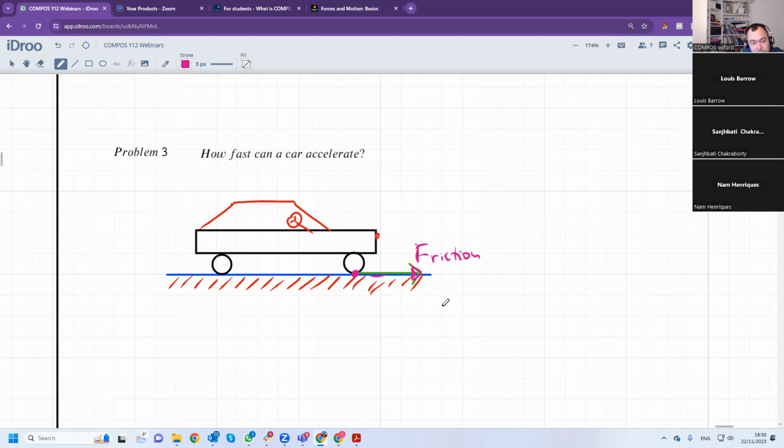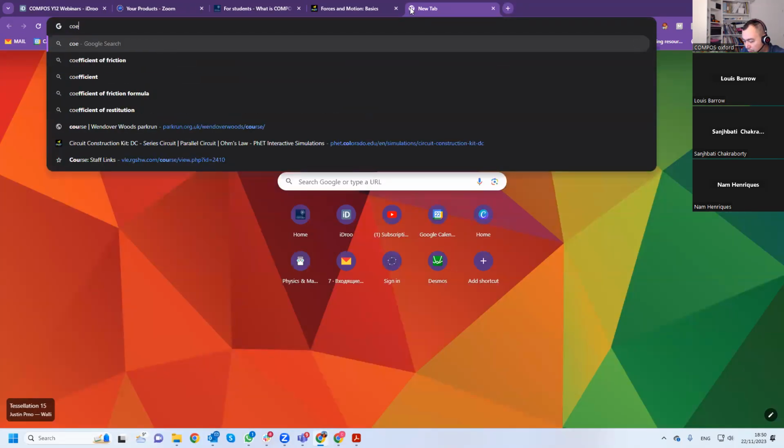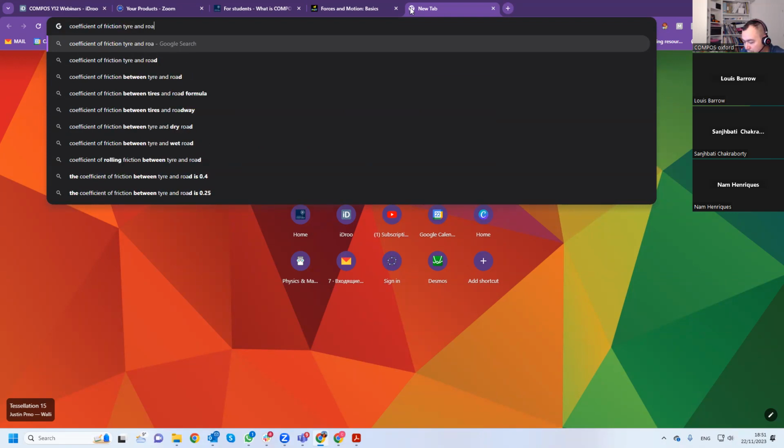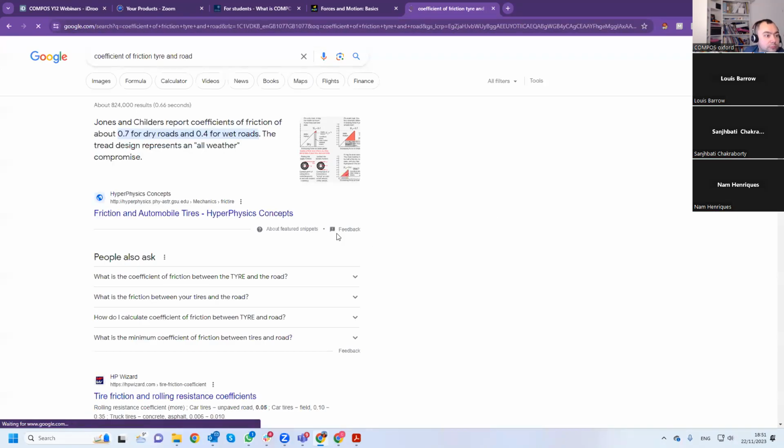Friction. Okay, but we know that the friction force is less than or equal to mu N. So the typical value of the coefficient of friction between tire and road is 0.7 for dry roads and 0.4 for wet roads.